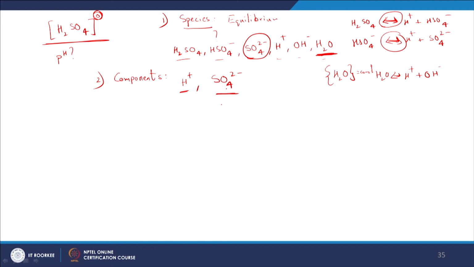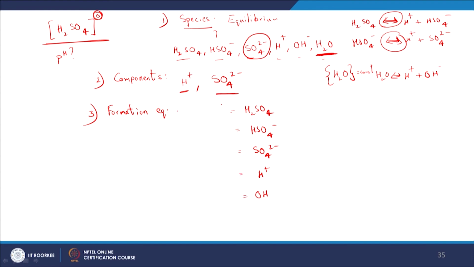So these are my components, and the next aspect is writing the formation equations. First I will list all my species here, because I am trying to form my species, and let us look at how I can form them.